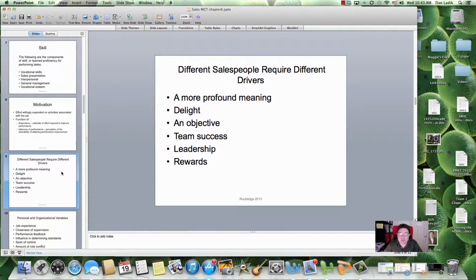So when we talk about these drivers, some drivers have more profound meaning to others. Some people are looking for delight. Some people are looking only for a clear objective. Some people are looking for the team. Some people are looking for leadership ability, skills, or opportunities to be in the leadership role. Some people only want rewards.